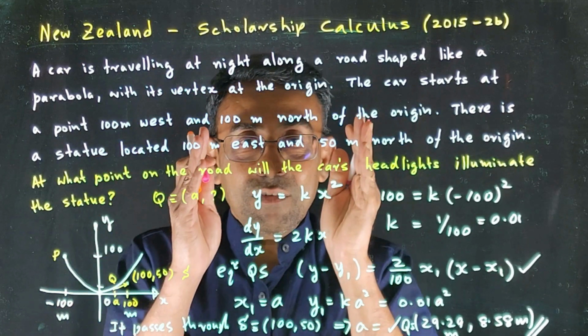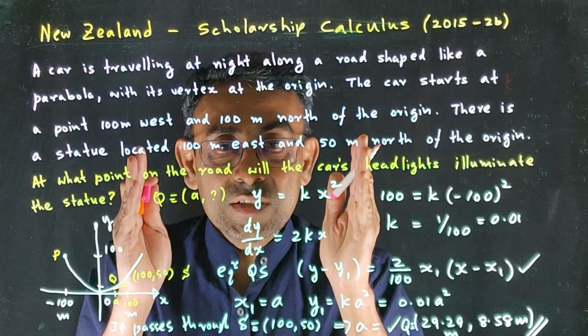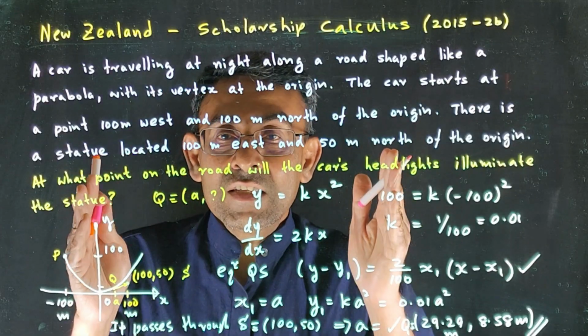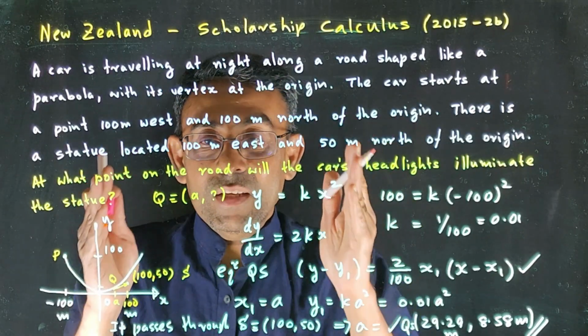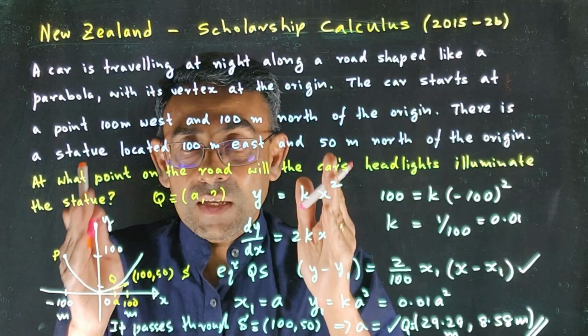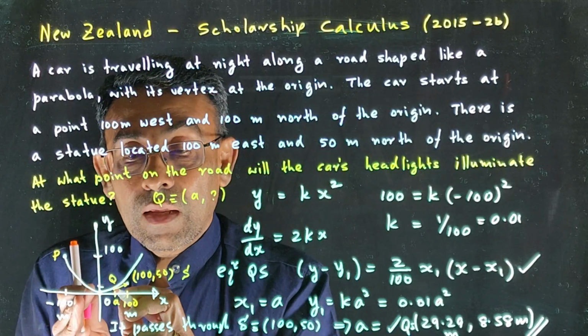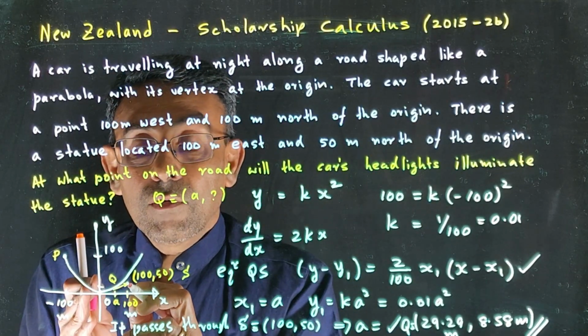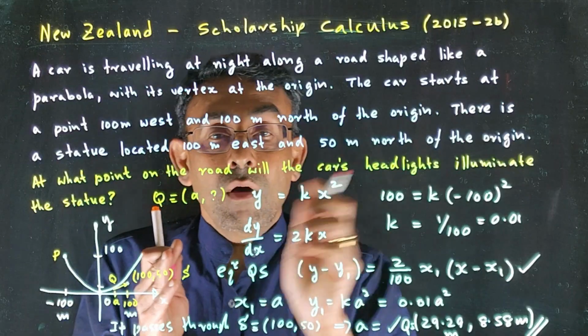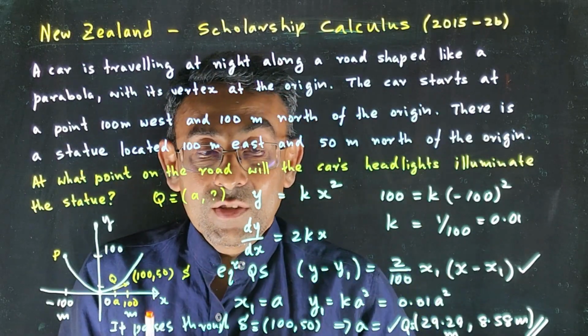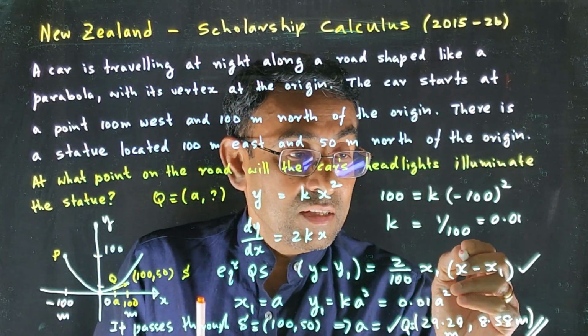When you go upward, the headlights will flash towards the statue. The definition of headlights flashing towards the statue is the tangent at that point. So we need to find the coordinate of the point where the tangent goes along the point S, the statue. That's why we found the tangent here. This is the tangent.